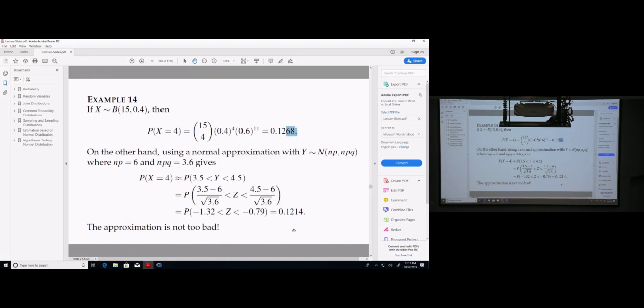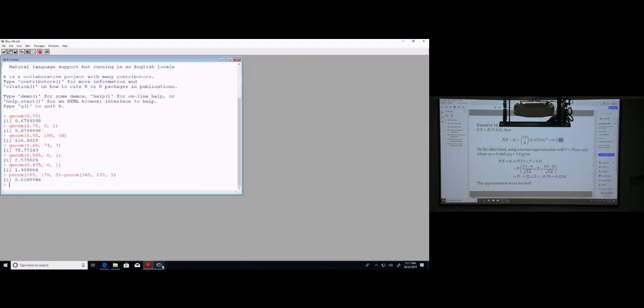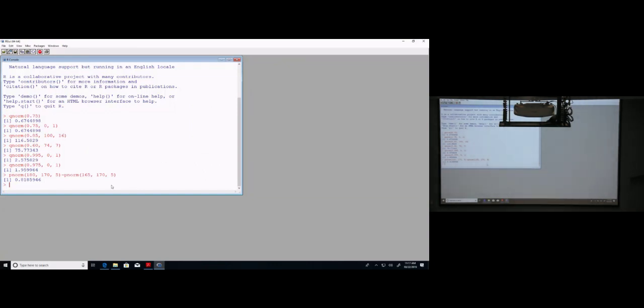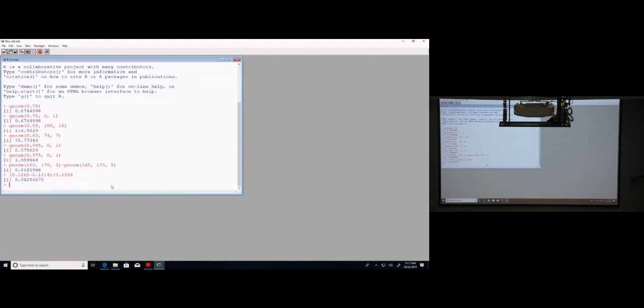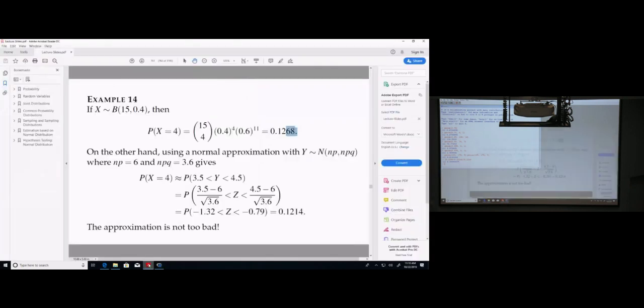So we can work out the relative error: 0.1268 minus 0.1214. Okay, add in the 0 there. And so this is the amount that we deviate. And then divide back by the true value. So we only make about 4% error, all right? And of course, in this case, we underestimate by 4%.